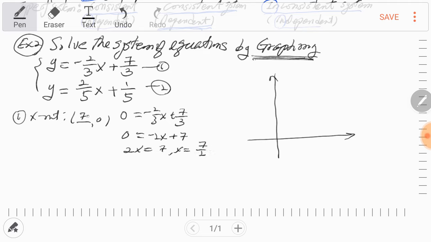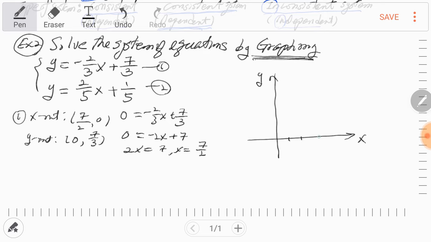So 7 over 2 comma 0 is the x-intercept, and for the y-intercept, set the x value to 0. Since x equals 0, y is 7 over 3. So let's plot this x-intercept and y-intercept. On the x-axis and y-axis, x equals 7 over 2 is 3.5.